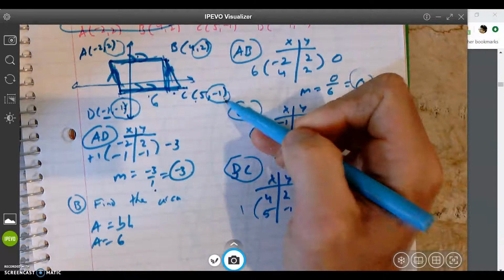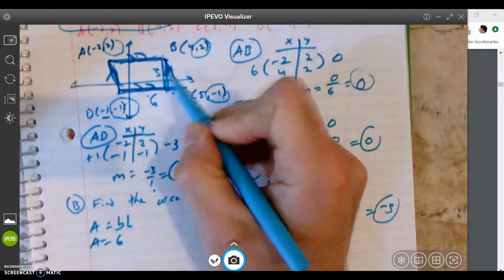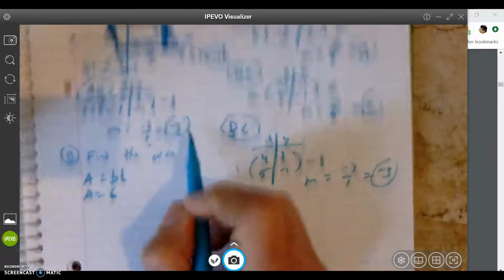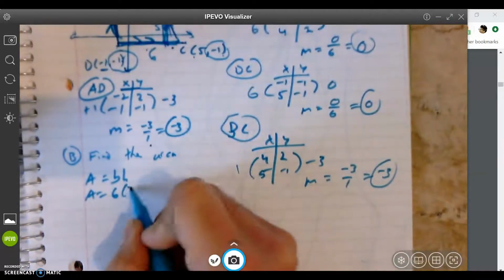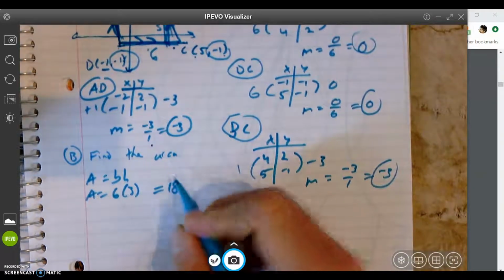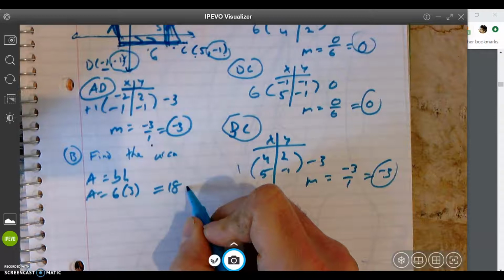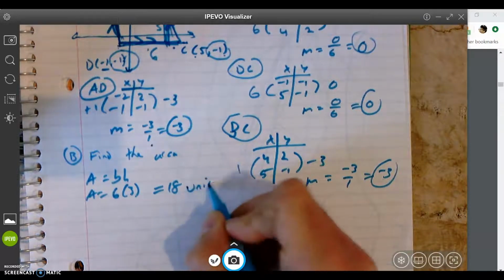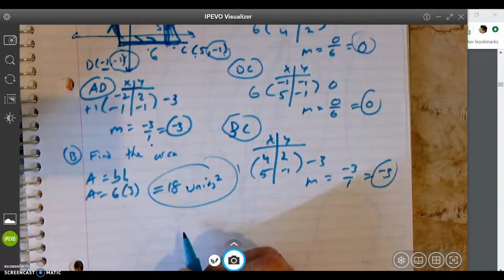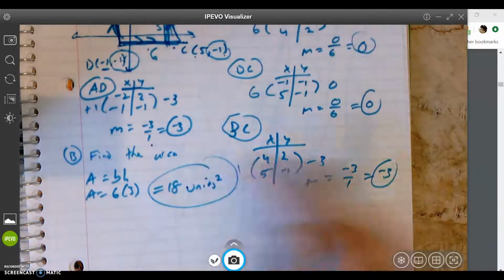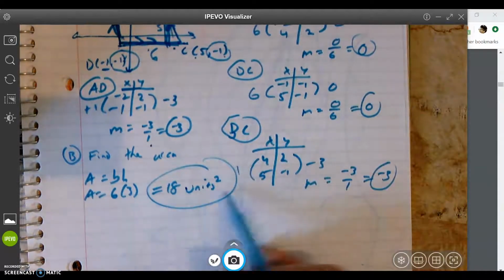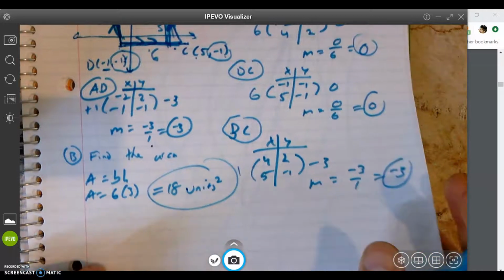So 2 to -1, that's 3 spaces. So you have 6 as the base times 3, which is 18. It doesn't give us what the unit is, so I'm just going to say units squared. Bam. Got it. So this is a parallelogram with 18 units squared as your area.